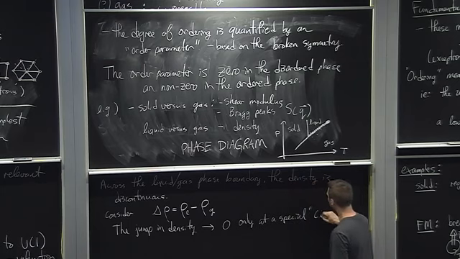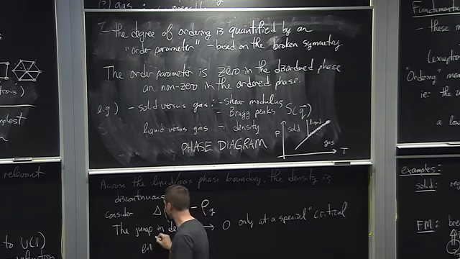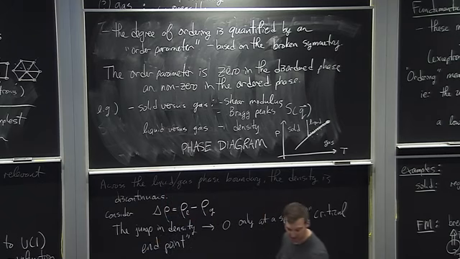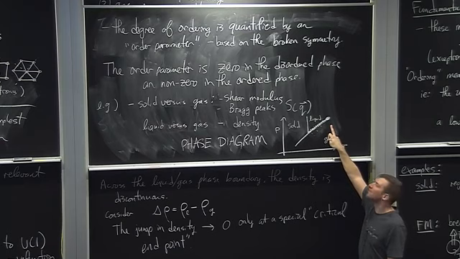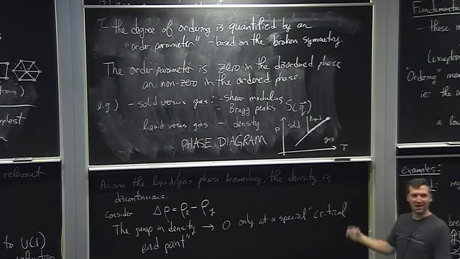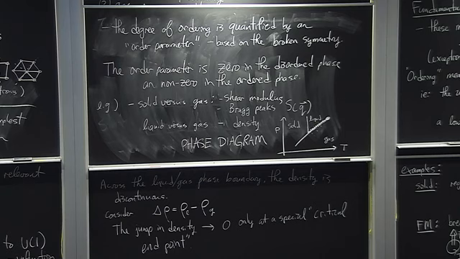It's called the critical endpoint. Otherwise, it's discontinuous. That critical endpoint is essentially the thing we're studying in this class. Like the only thing we're studying in this class is that critical endpoint.